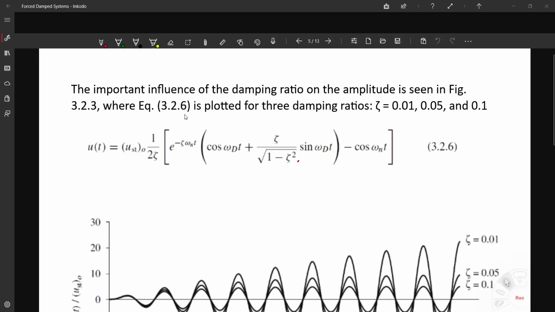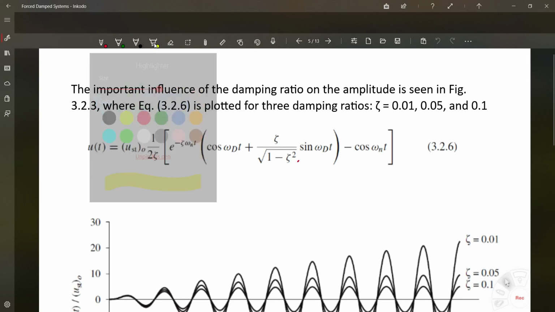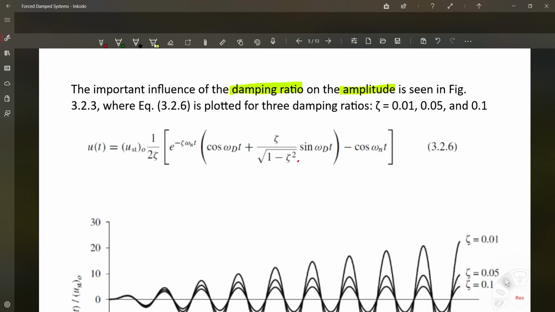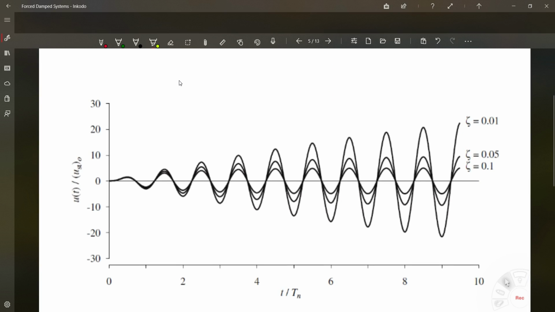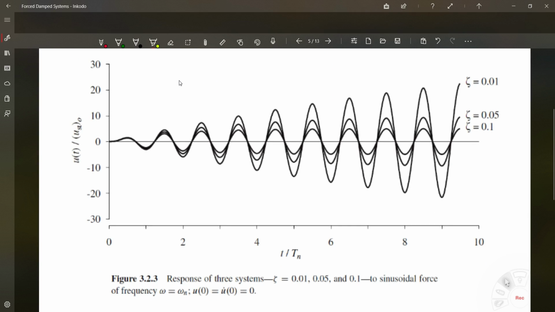Let's go to the important influence of damping ratio on the amplitude itself. Let's examine the system for damping ratios 0.01, 0.05, and 0.1, and we are going to plot the same equation that we already derived before. Look here at this curve.